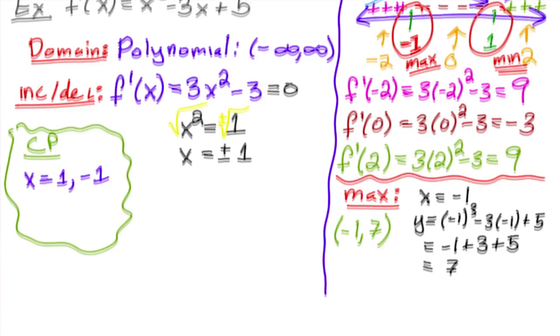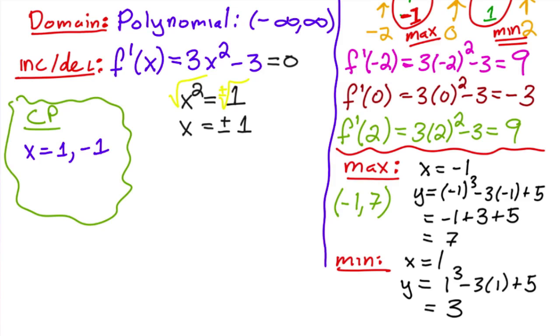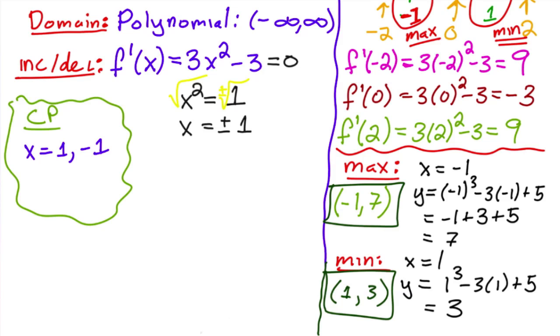Okay, and then the local minimum is at x equals 1, y equals 1 cubed minus 3 times 1 plus 5, which is going to equal 1 minus 3 is negative 2 plus 5 is positive 3. So my minimum is at 1, 3. Okay, so we'll just save those, and we're going to use them to draw our function later.